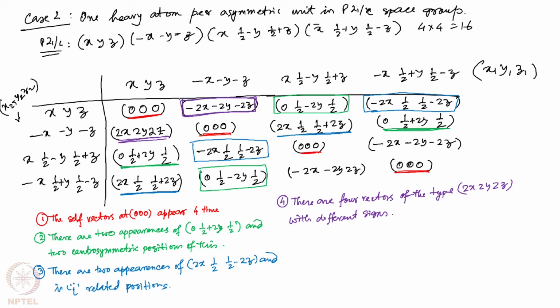These two are inversion related. Similarly, these two, 2x, minus 2y, plus 2z, is inversion related here. This should be plus 2y. If you correct it, because this is half plus y minus half minus y, half gets cancelled, minus y becomes plus y, so it becomes plus 2y.